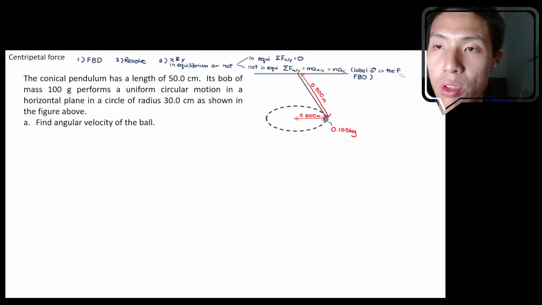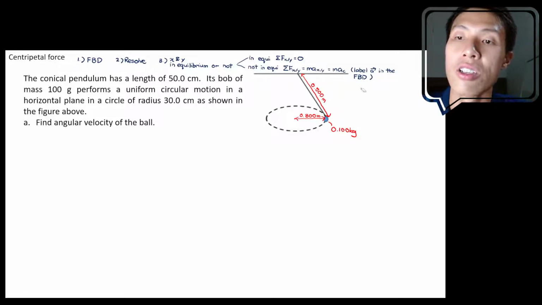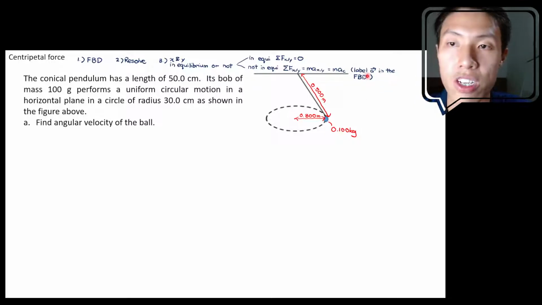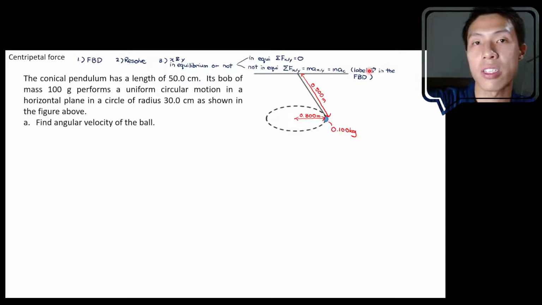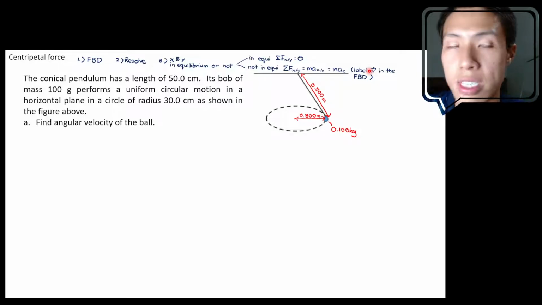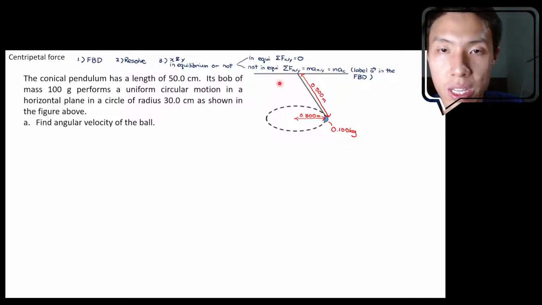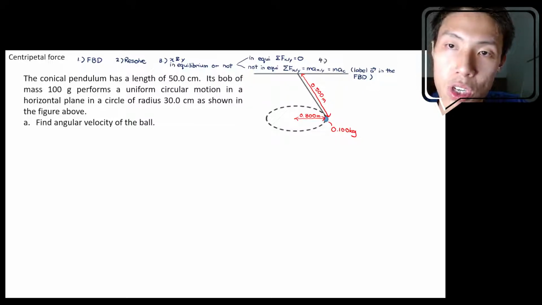You are going to take the forces on one side minus the forces on the other side, so you have to be very clear where your direction of acceleration is. You take the forces on the same side as the acceleration minus the forces in the opposite side of the acceleration. After determining whether they're in equilibrium or not, your next step will be to use the equation, substitute everything, and figure out how to solve the problem.